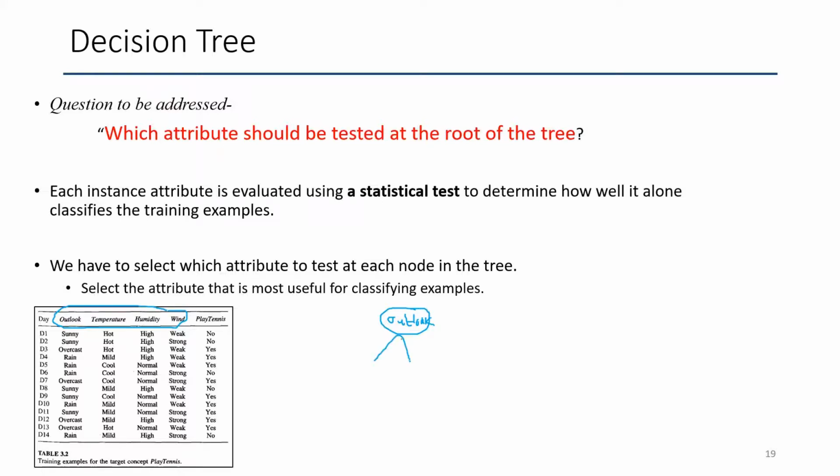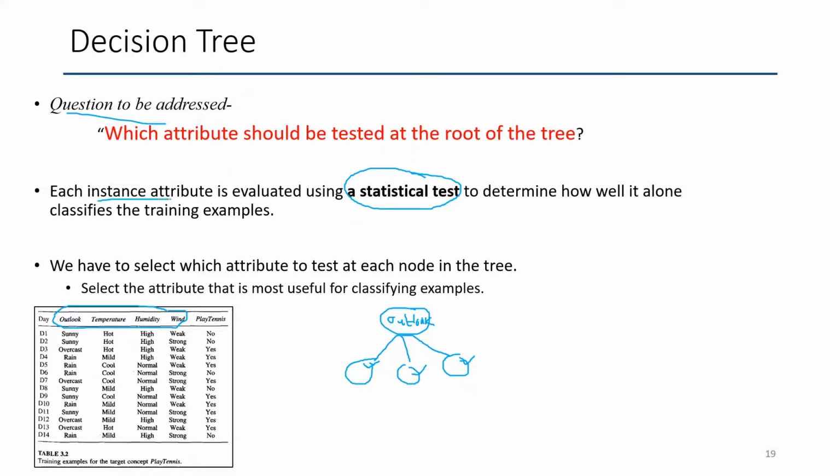We have 3 possible values, so from this node you have to draw 3 branches. The next question is which attribute to select at this node, then this node, and then this node. This is how you construct a decision tree. For that we need statistical tests. We have multiple statistical tests, and we'll study them one by one.